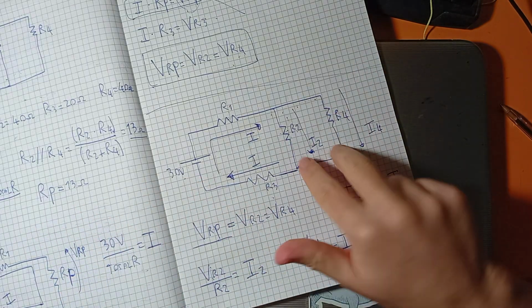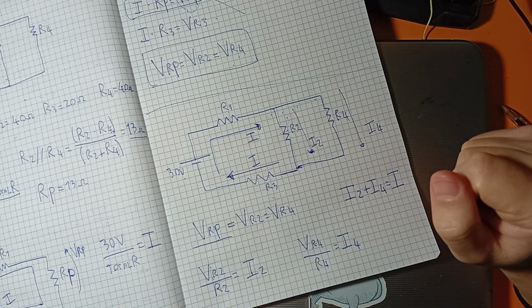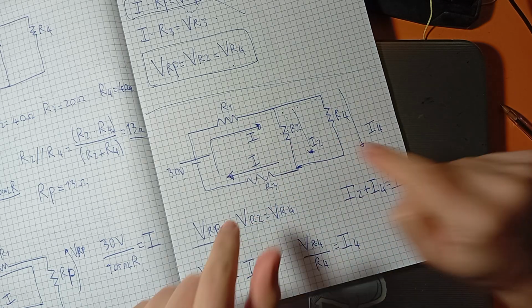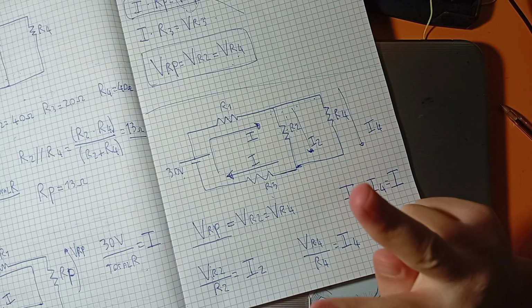If I have only two branches, it will divide into two parts. If these two resistors are equal, if they have the same values, this total current will divide into two equal parts.